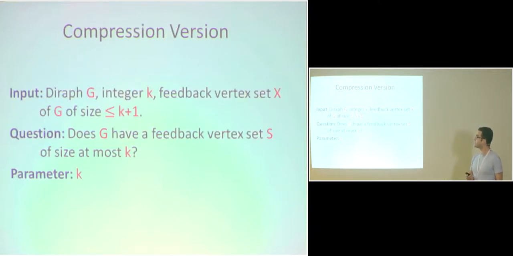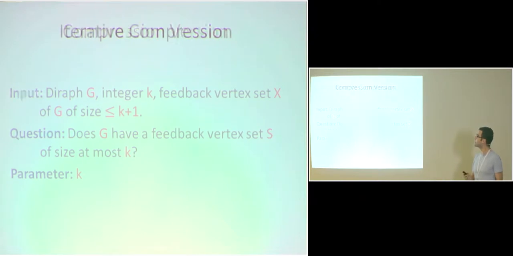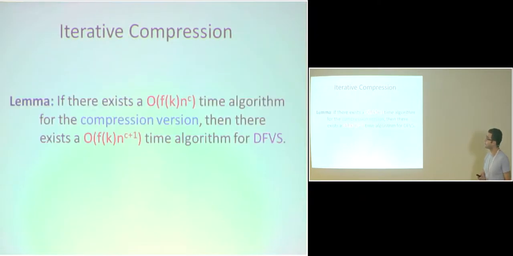And now I will briefly recap iterative compression, which basically says that if you have an FPT algorithm for the compression version, then you also have an FPT algorithm for the original problem with a +1 overhead in the polynomial factor. Yeah? So it costs you a factor of n.